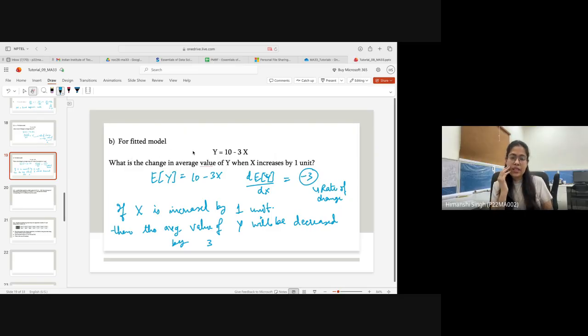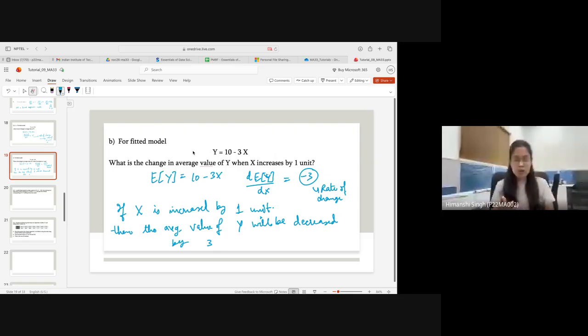Okay. So basically the fitted model is y equals 10 minus 3x. It is asked what is the change in the average value of y when I increase x by 1 unit. So I'm trying to tell what the rate of change in the average value of y is with respect to x.